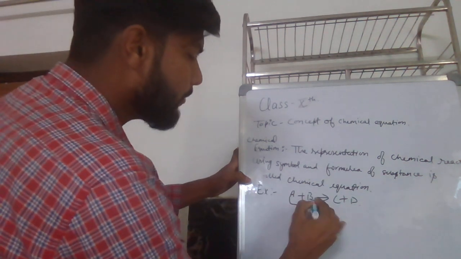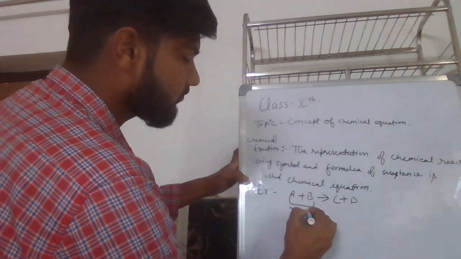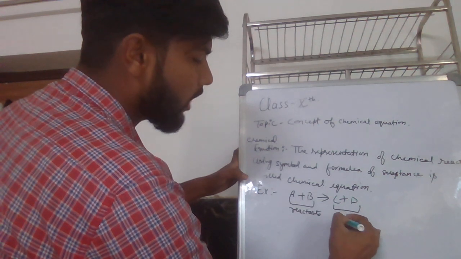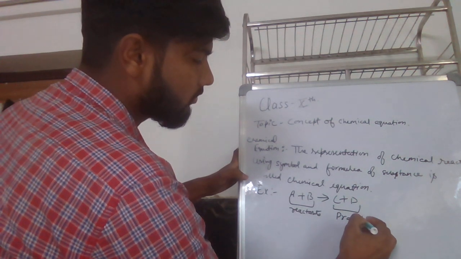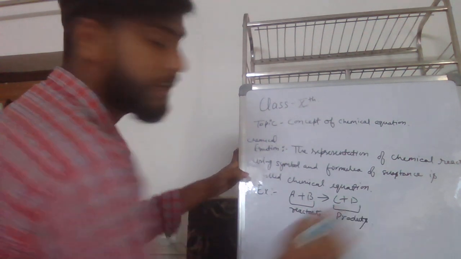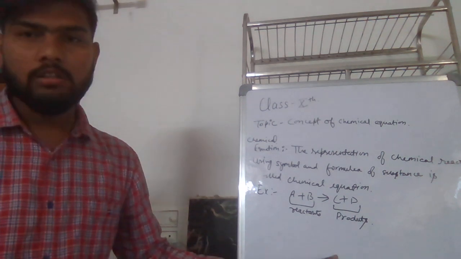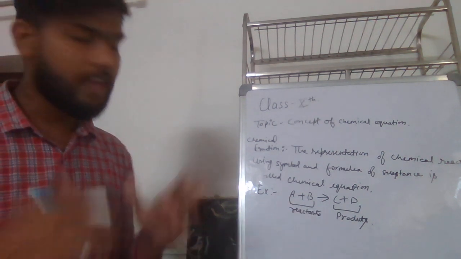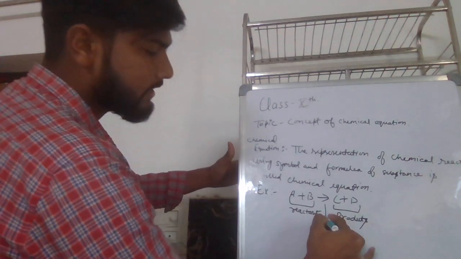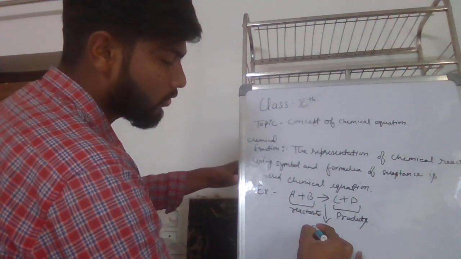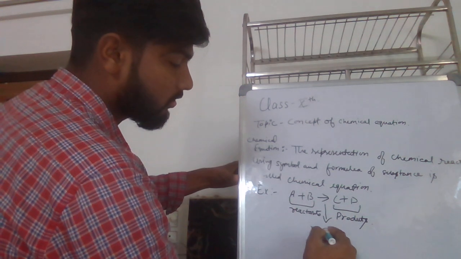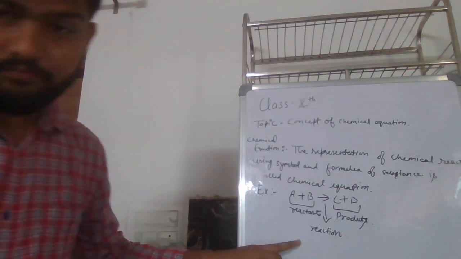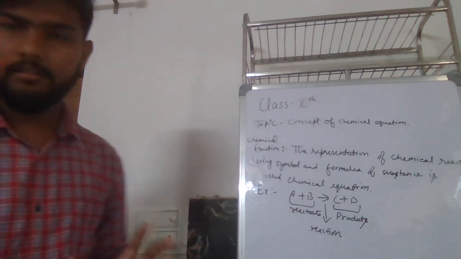So this one is the reactants and this one is the products. This arrow shows the direction of the chemical reaction.